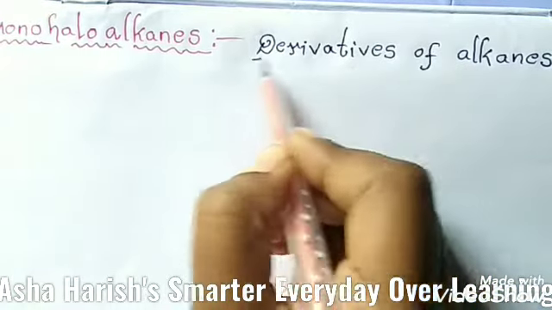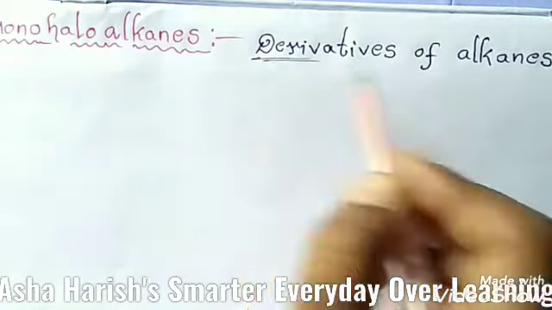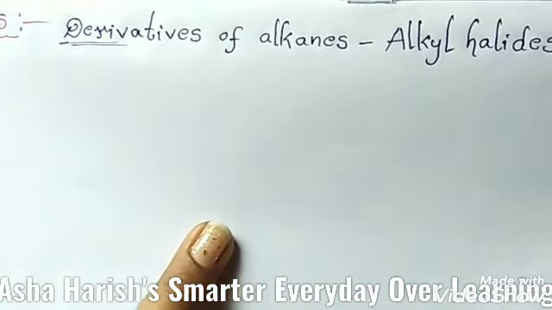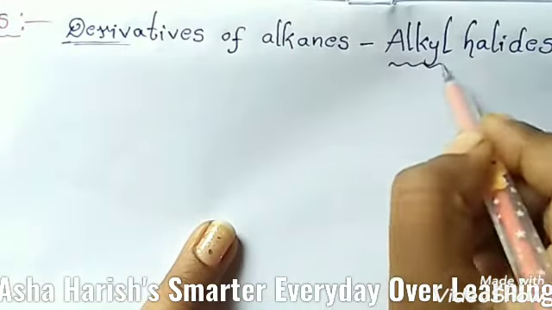the monohalogen derivatives of alkanes are called alkyl halides.